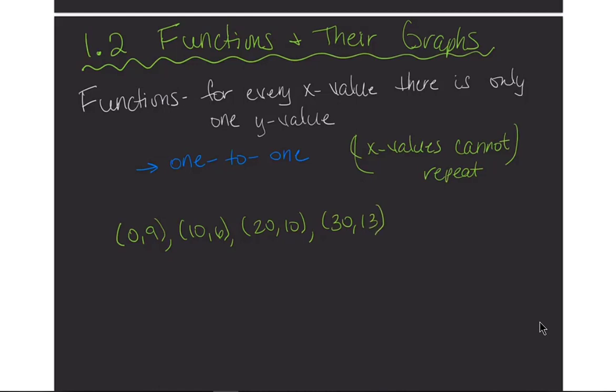And I want to keep all of these points together, so a lot of times we throw brackets around all of these points, to say all of those points are together somehow. If I just look at the points, I can make a determination whether this is a function or not. So is this a function?